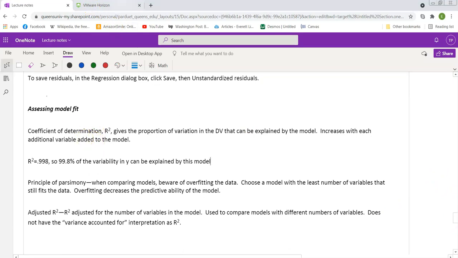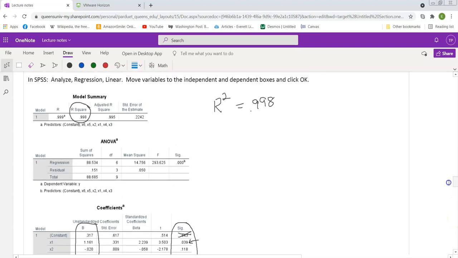So all that is to say, we've got something else that we can look at called the adjusted R-squared, which is the same as the R-squared, but it's adjusted for the number of variables in the model, so that you can directly compare and determine whether it's worth it to include these extra variables. Now, be careful with the adjusted R-squared because you cannot use this variance accounted for interpretation with it. This is strictly for the sake of comparison.